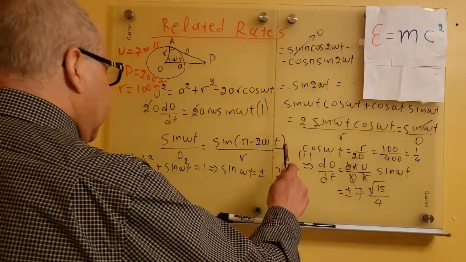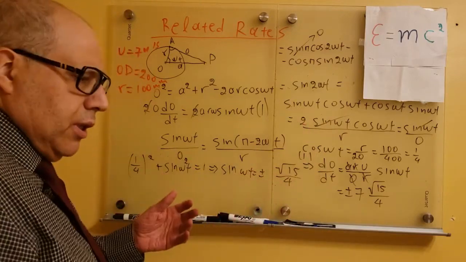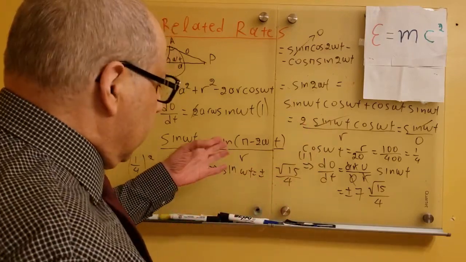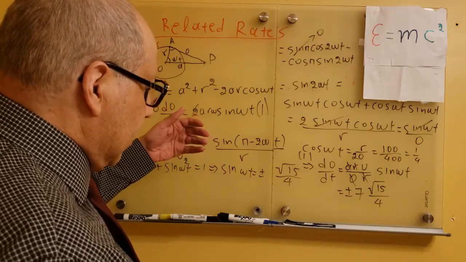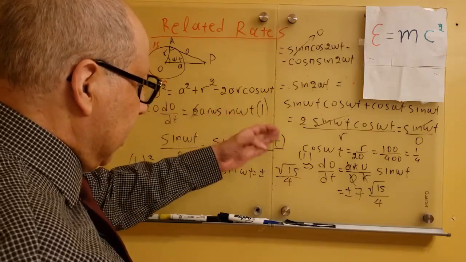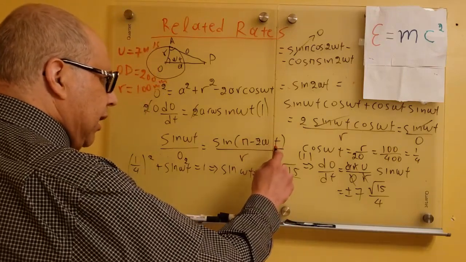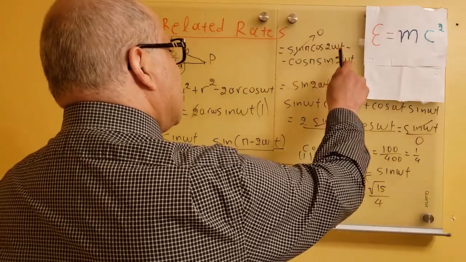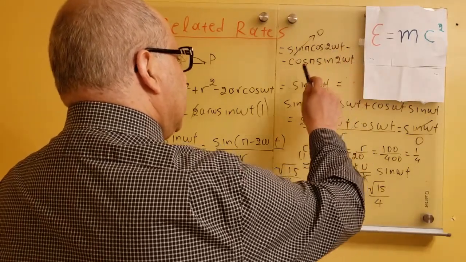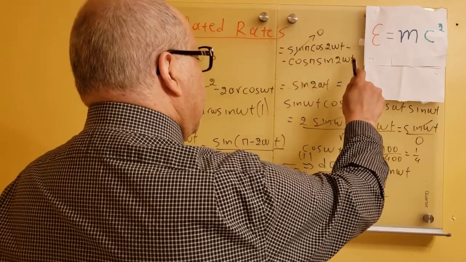Now I use the trigonometric identity sine of a minus b, where a is pi and b is 2 omega t. This will give you sine of pi times cos of 2 omega t minus cos of pi times sine of 2 omega t.